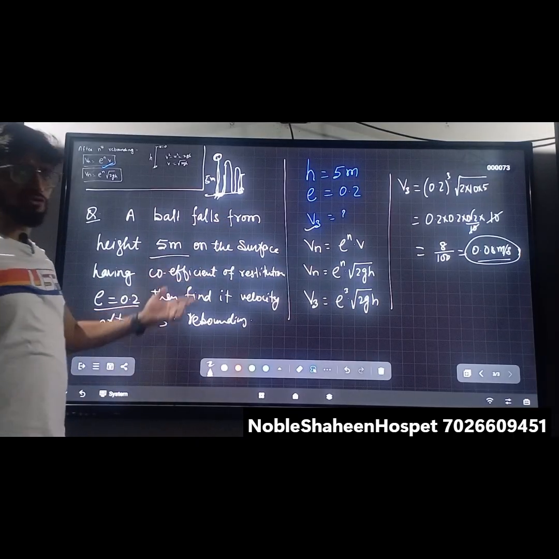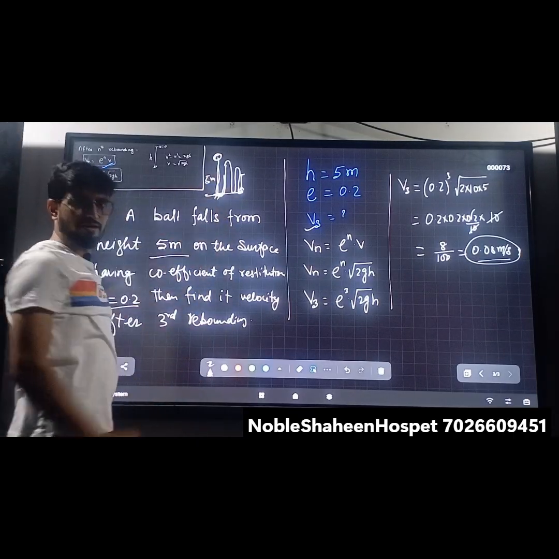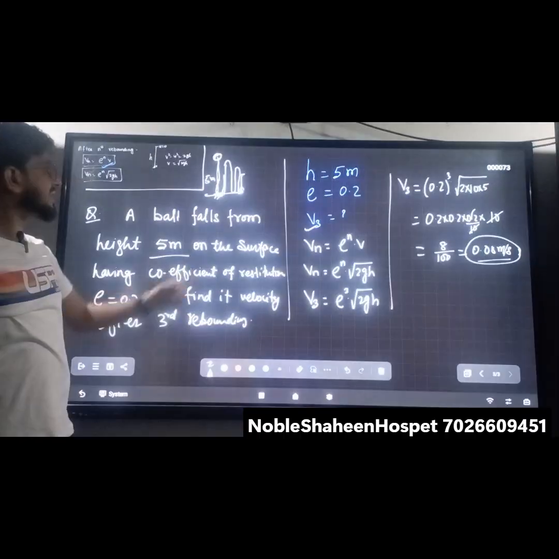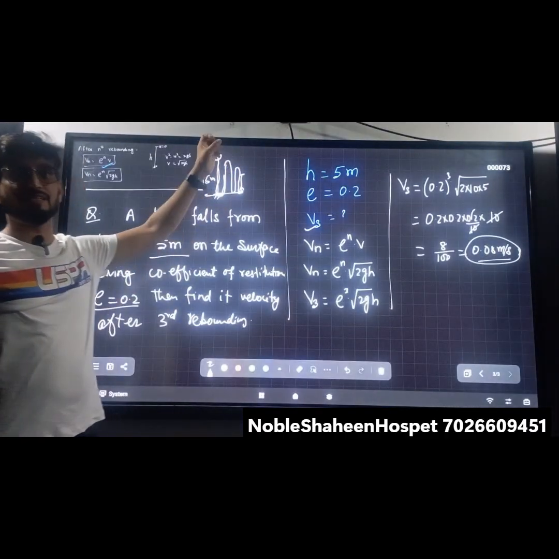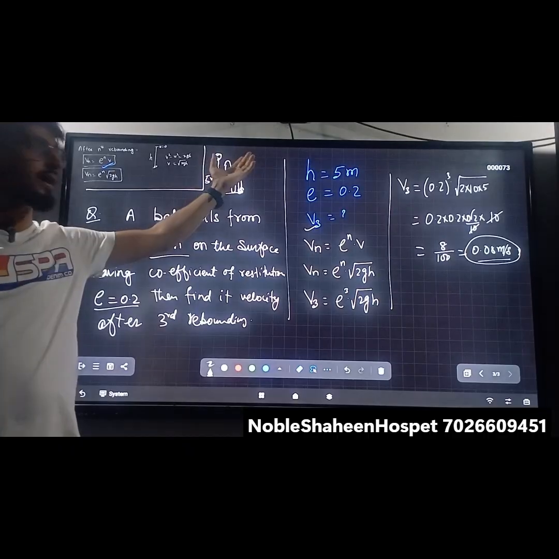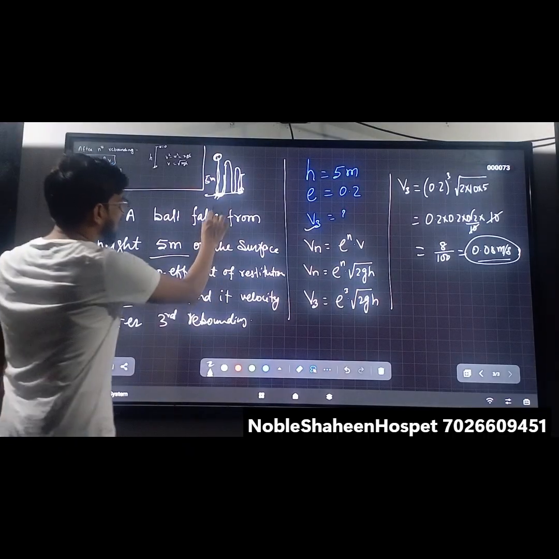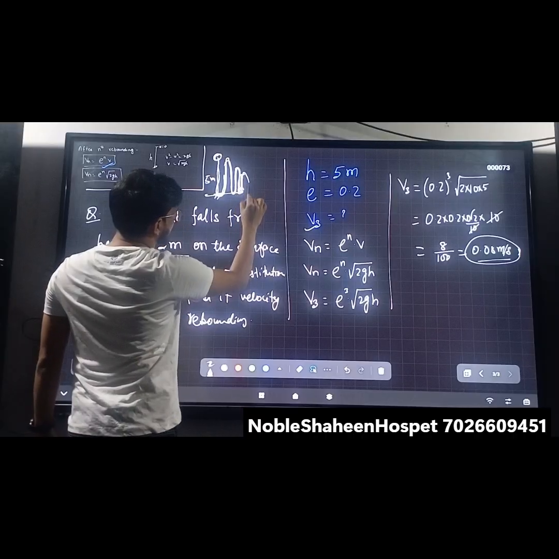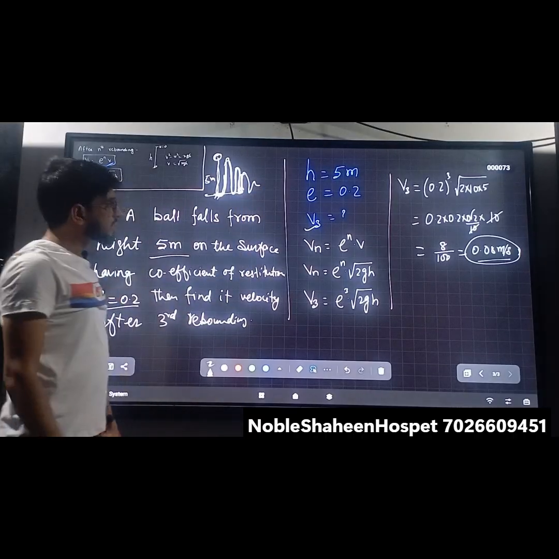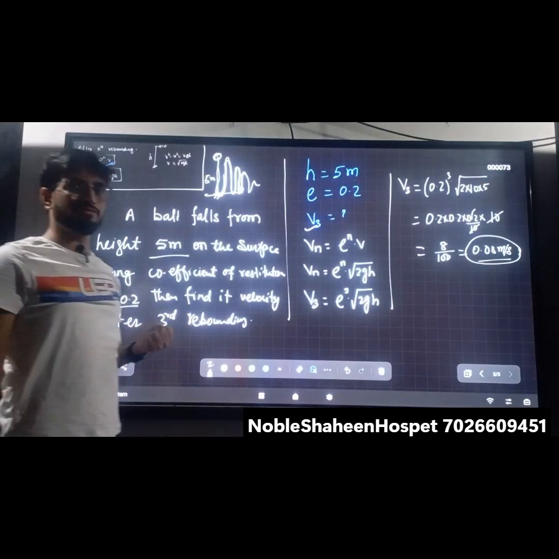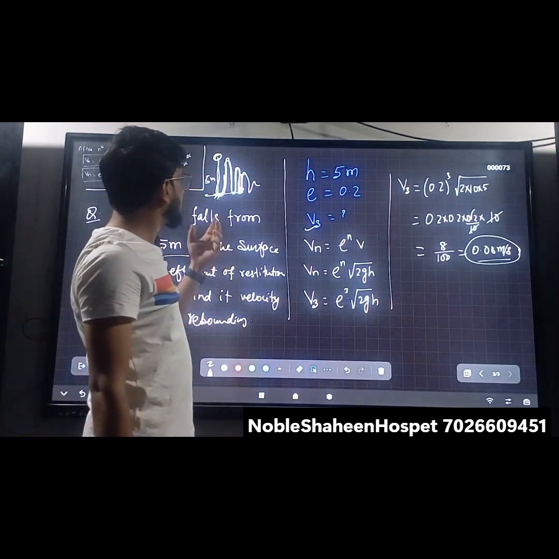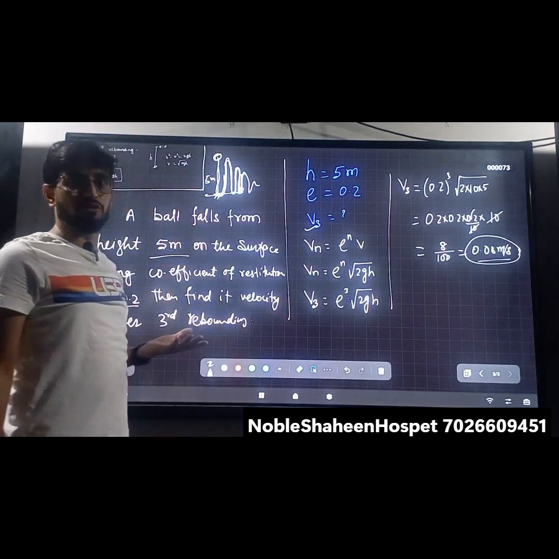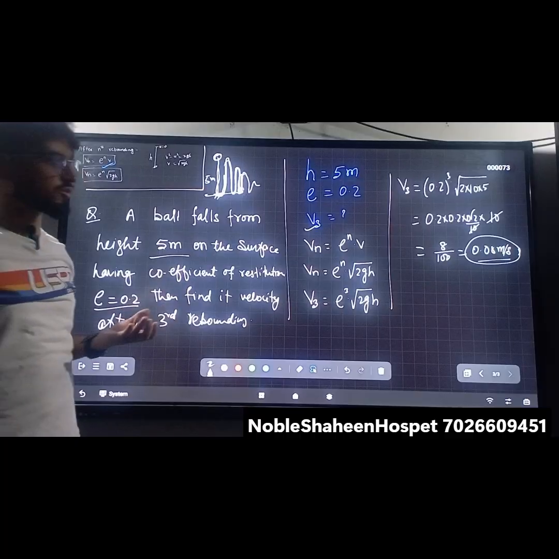If e were equal to 1 then it would go up to the same height, but if e is not equal to 1 then it will not attain the same height from which it fell. So its height keeps reducing after every rebounding. Now we will get an expression for the height after the nth rebounding.